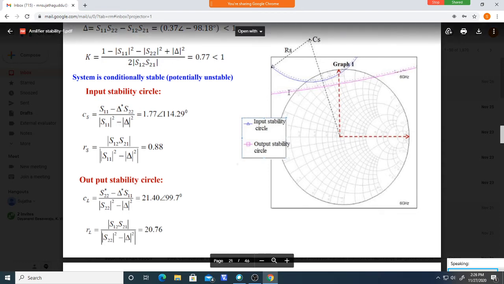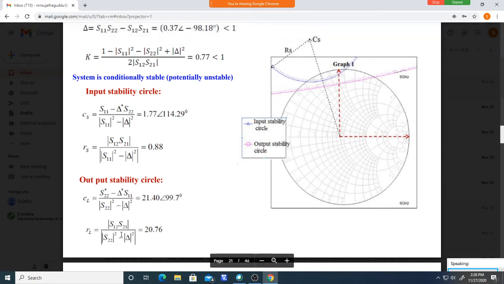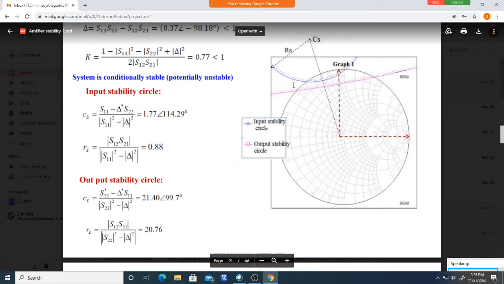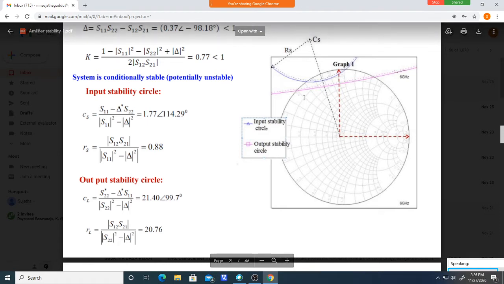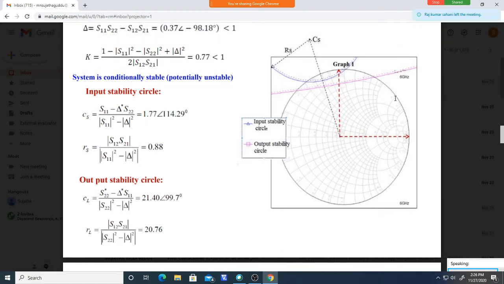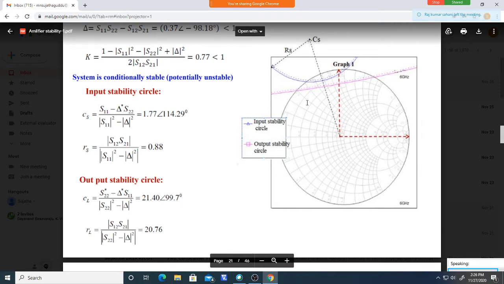Again, this circle is not enclosing the center of the Smith chart. The values outside the stability circle you can use for ZL, but you cannot use the values here.